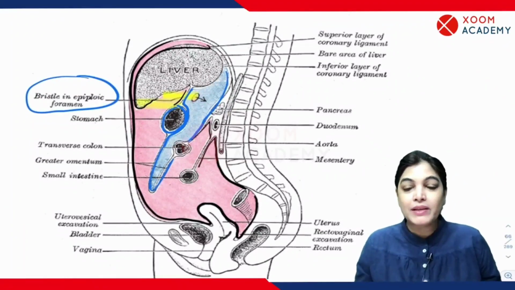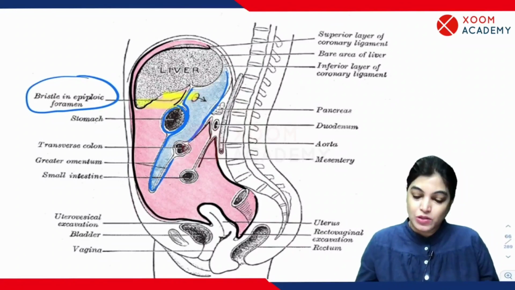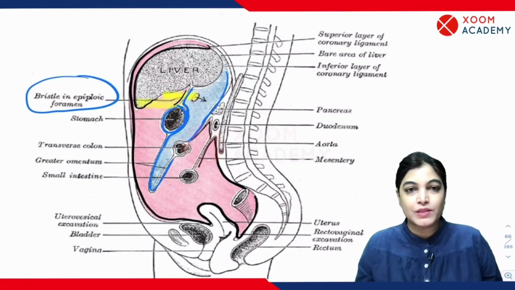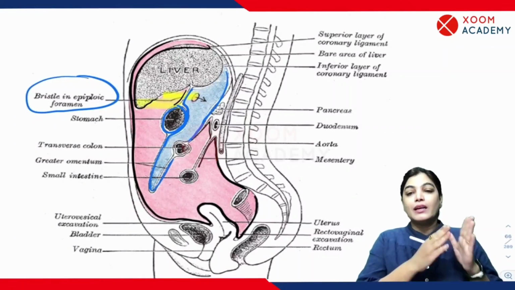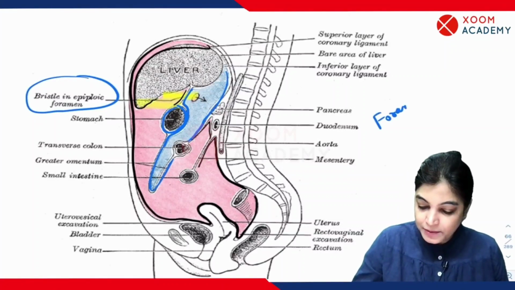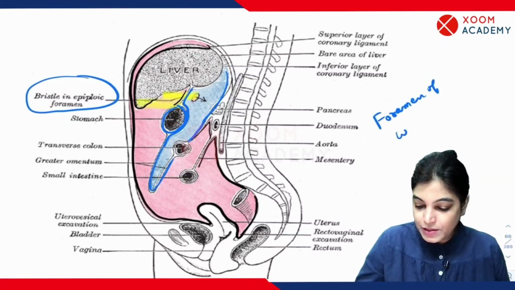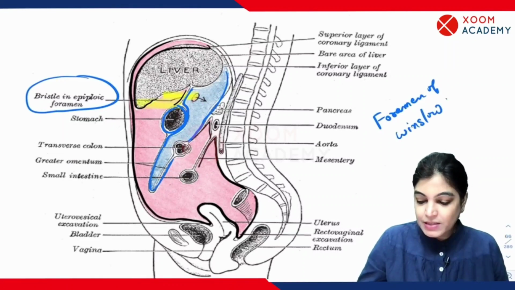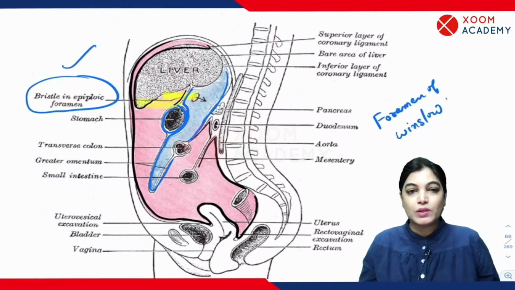The name of that foramen is the epiploic foramen, which is also called the foramen of Winslow. That means the greater and the lesser sac communication is via the foramen of Winslow, as shown in the diagram.